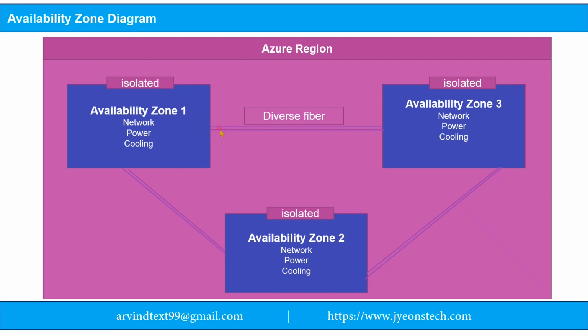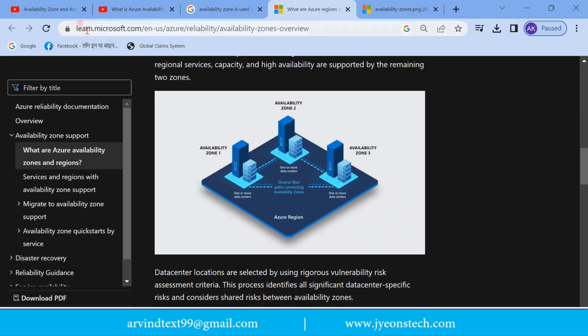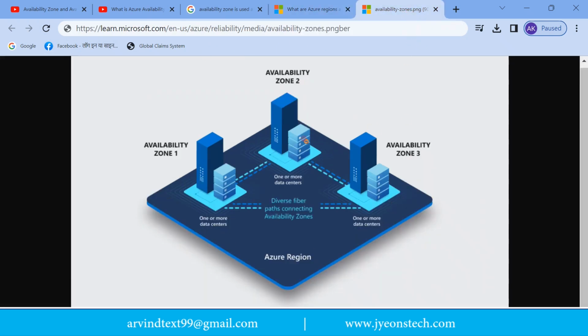Let's see the diagram on the Microsoft website. I have opened learn.microsoft.com, and on this path you can see this diagram. I have enlarged it. This is the diagram of availability zone. This is an Azure region in which there are three availability zones: availability zone 1, availability zone 2 and availability zone 3, and these are physical locations where the data centers exist.